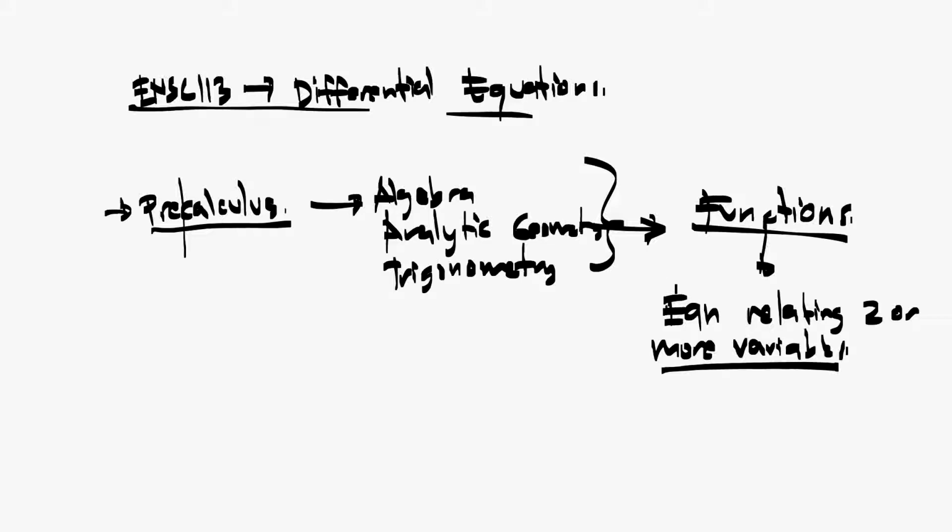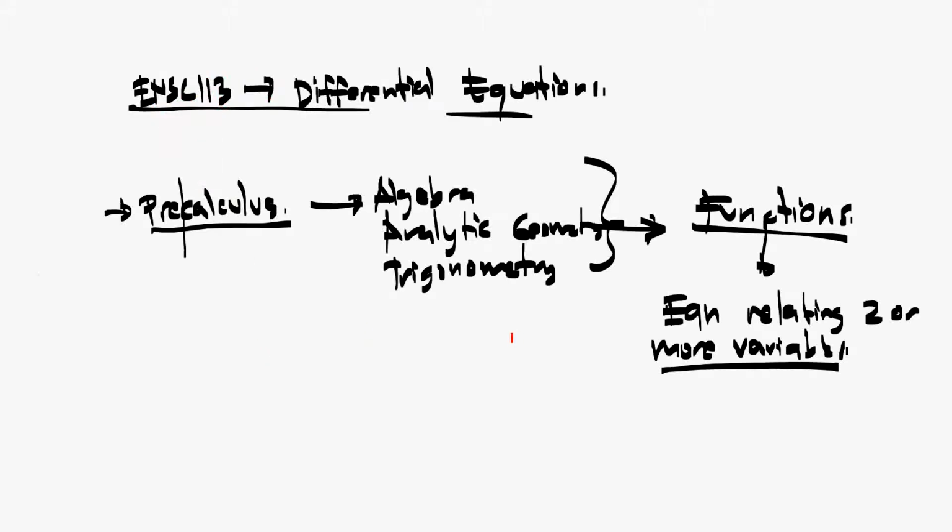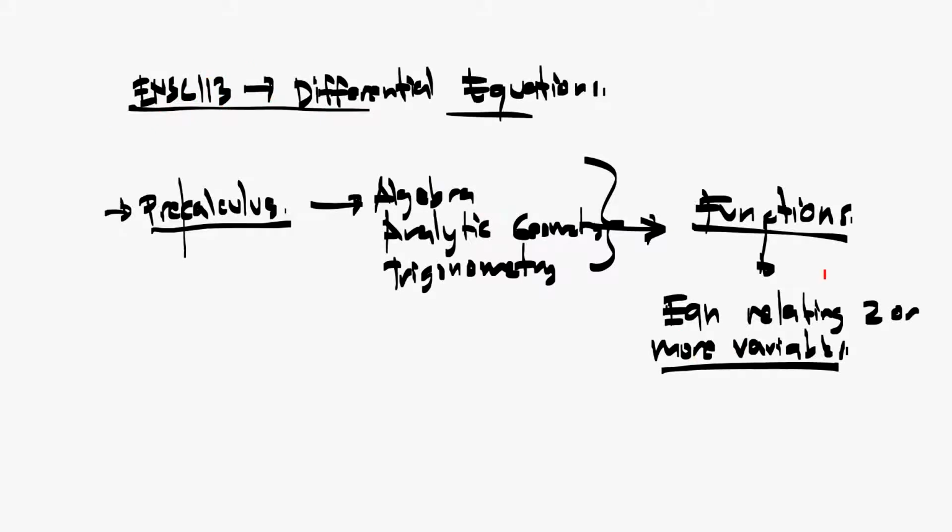Okay, so we are relating two or more variables, and mathematically, the basic expression is y is equal to f of x. All right. As I have said here, functions are equations that relate two or more variables.